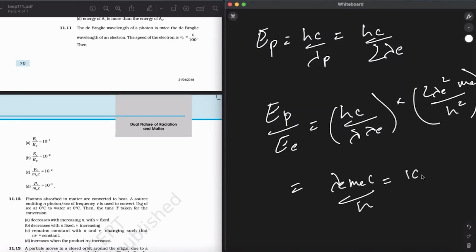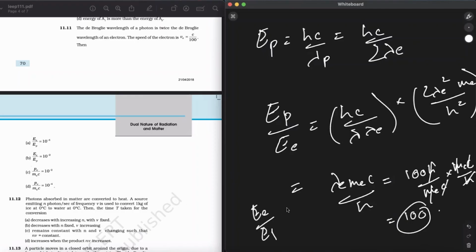So 100. So E electron upon E proton will be equal to 10 raised to the power of minus 2. So option B is correct.